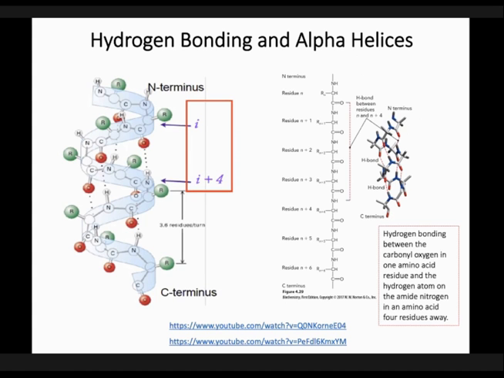Here it is saying that for each turn there are around 4 amino acids. And the type of bonding that you have in secondary structure is hydrogen bonds, as you can see here.